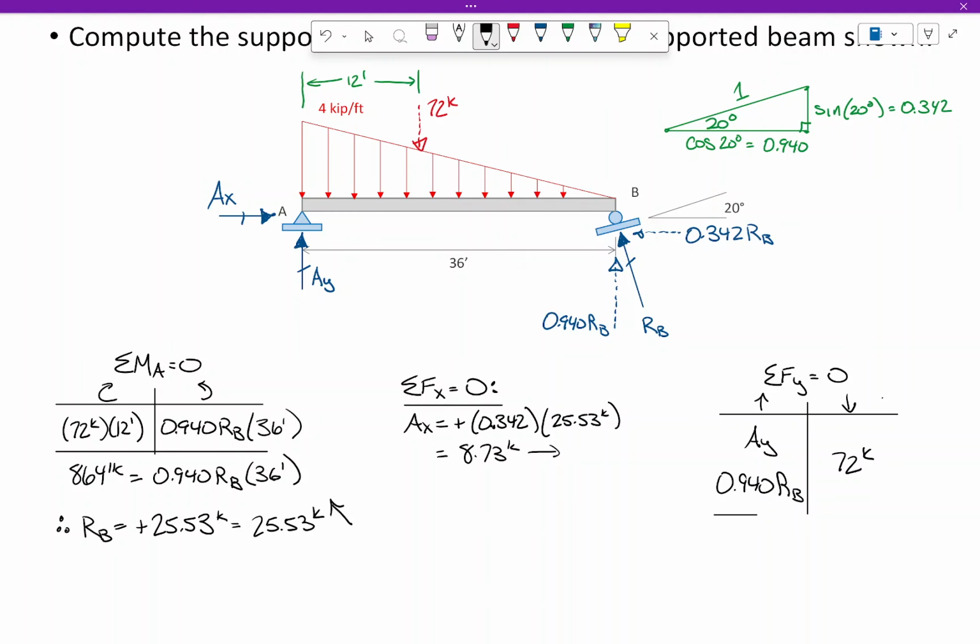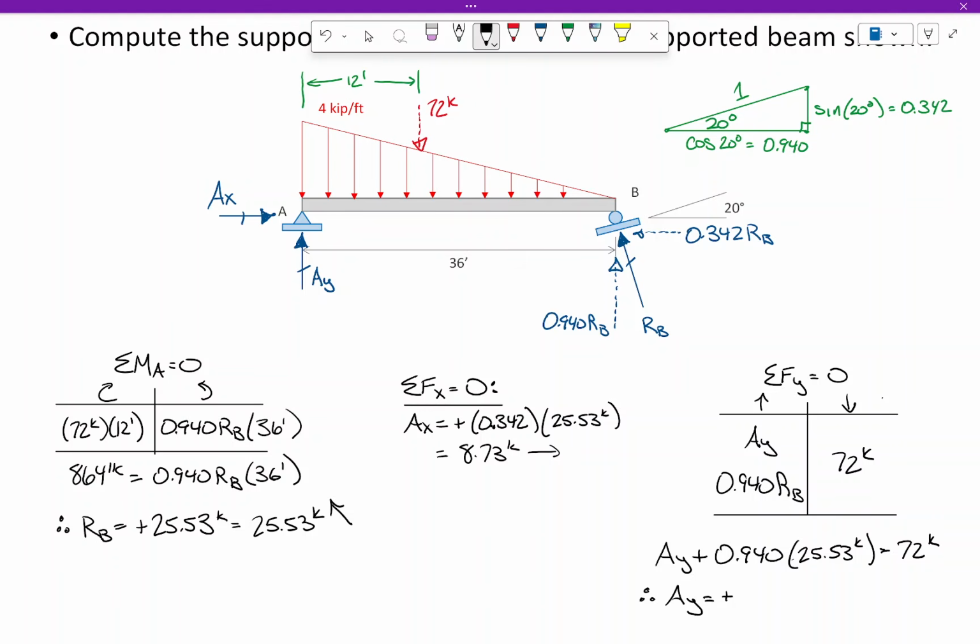But again, we know what RB is. So therefore, we can just solve for AY directly.